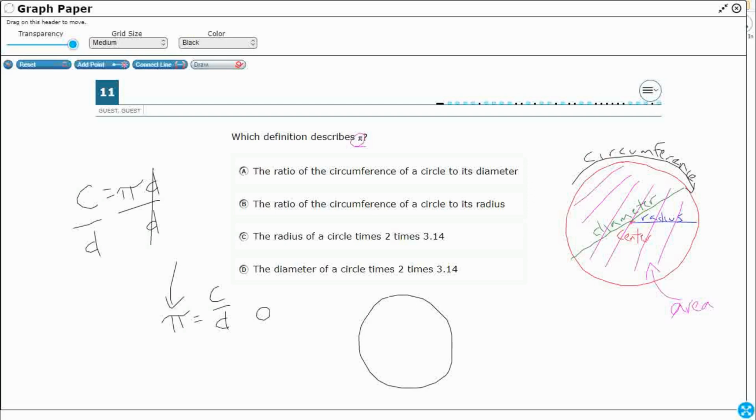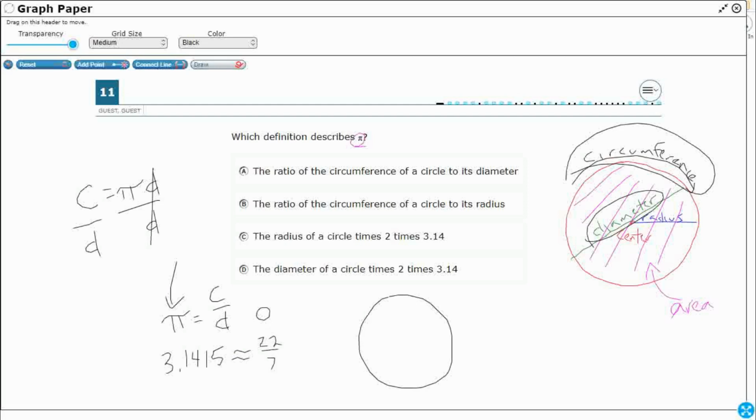If you take the circumference and you divide it by the diameter, it always ends up being 3.1415. It goes on and on and on forever. It never stops. Or it's about 22 over 7.